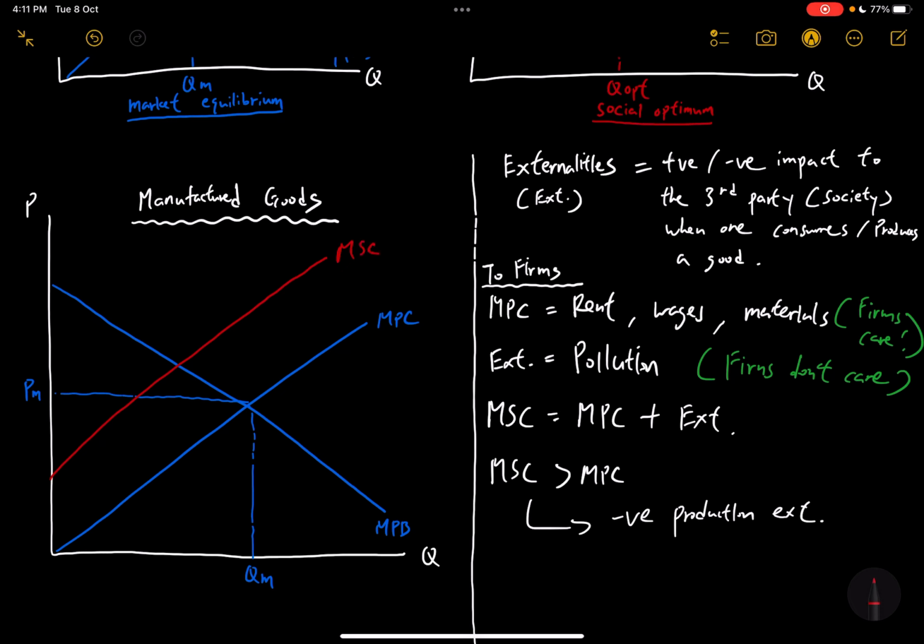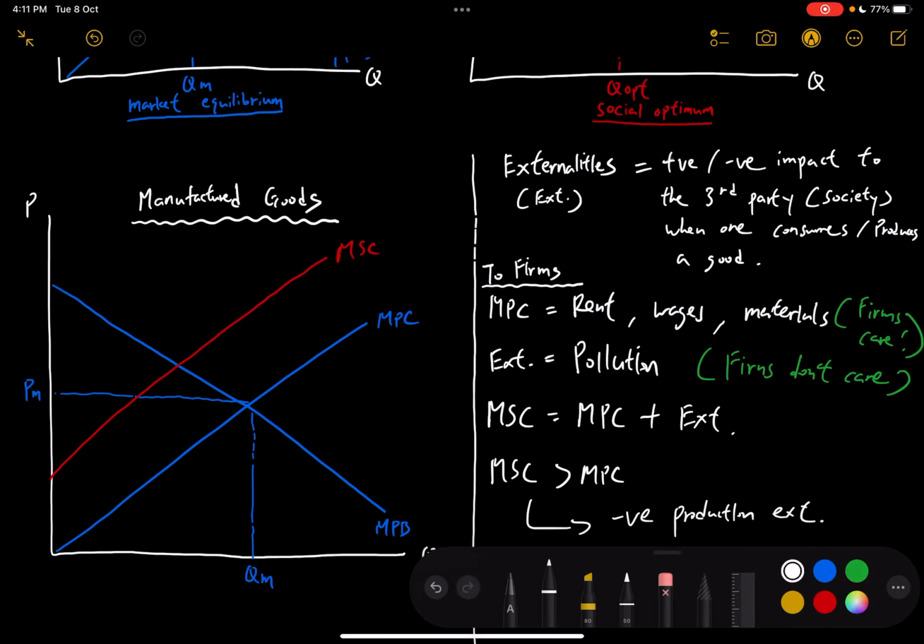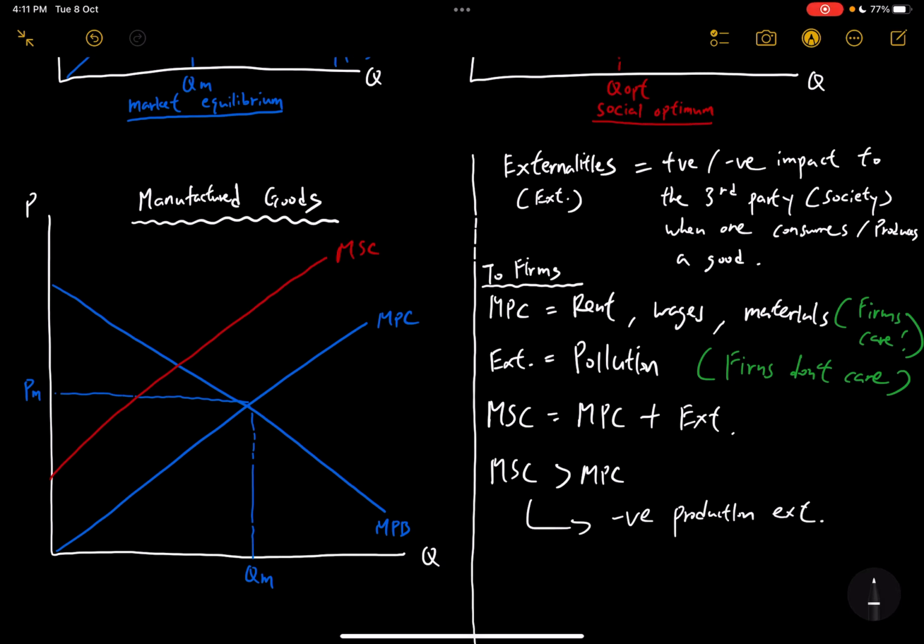So why do we have to do this? Very simple. At any quantity that you're talking about, I'm just going to quickly point out one quantity for you, let's say right here, Q1. At Q1, see what happened to MPC and MSC. At Q1, MPC is right here.